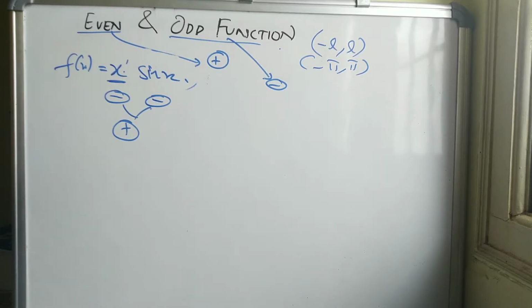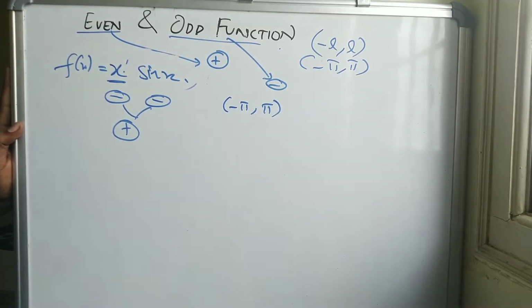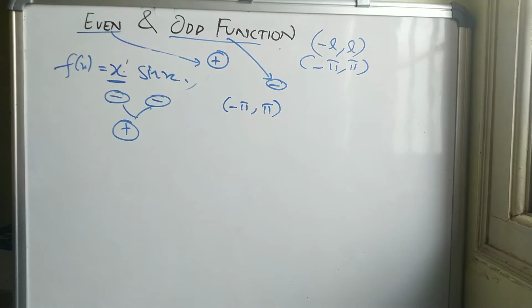Now one more thing: suppose the interval is given as minus pi to pi, talking about Fourier series.